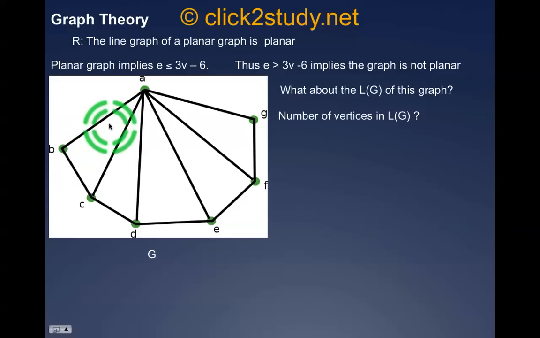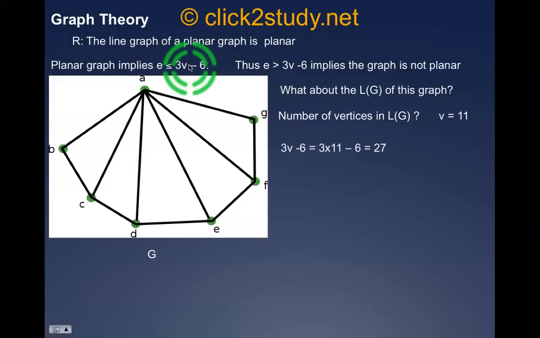So how many edges are there? 1, 2, 3, 4, 5, 6, 7, 8, 9, 10, 11. So the number of vertices in LG is V equals 11, and 3v minus 6 will be 3 times 11 minus 6, which is 27.